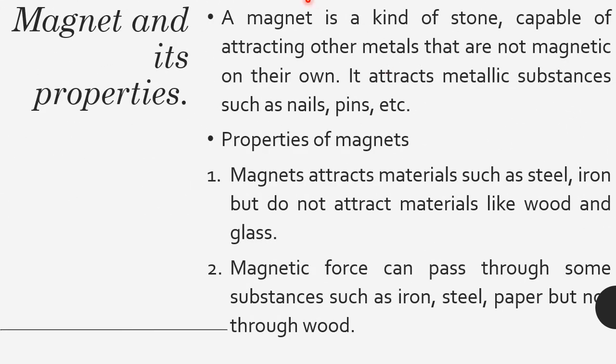Magnet and its properties. A magnet is a kind of stone capable of attracting other metals that are not magnetic on their own. It attracts metallic substances such as nails, pins, etc. Magnetism is the art of what? Magneting. Another name for magnet is attract.